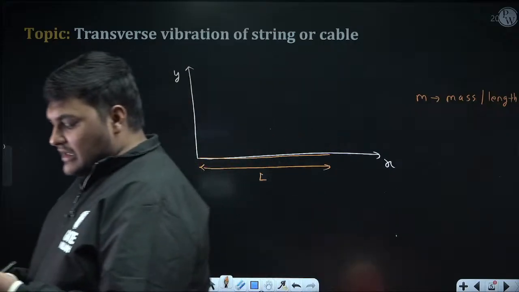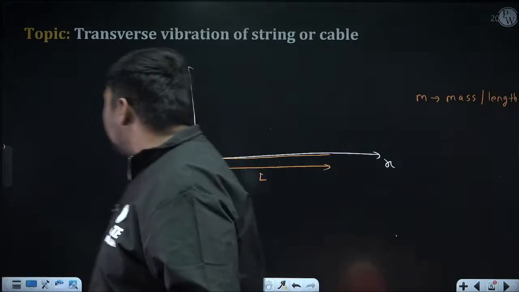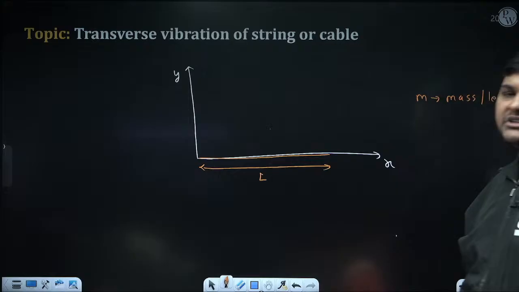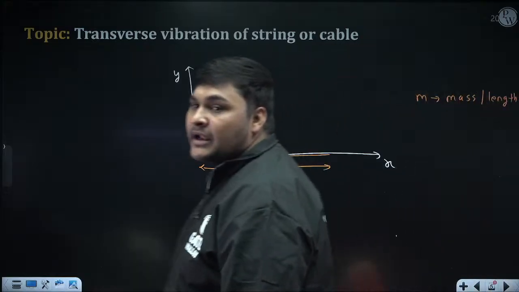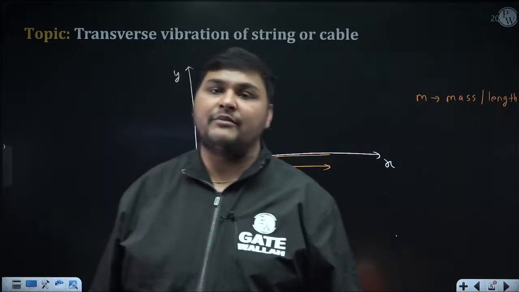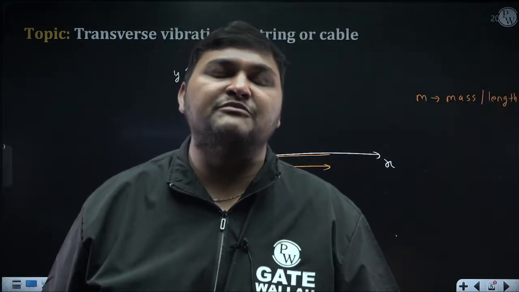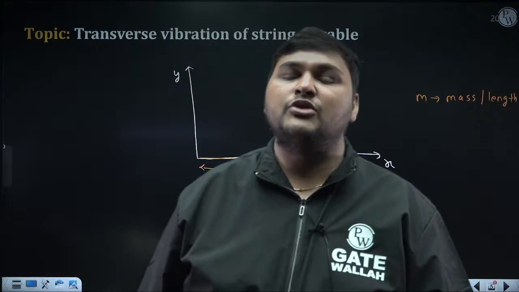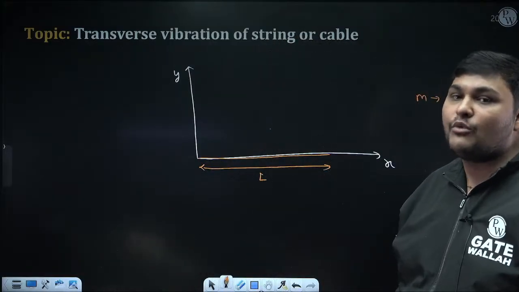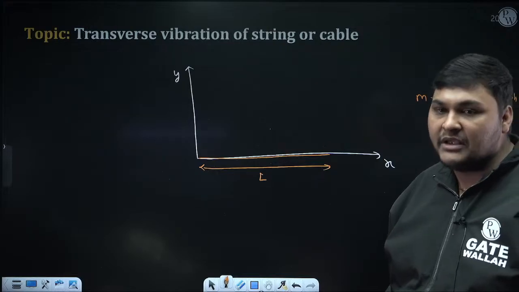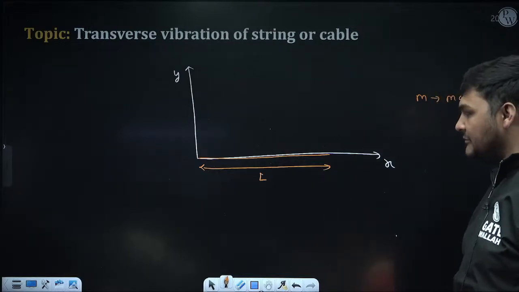Now if I disturb this string from its mean position and then release it, it will vibrate. But what will be the frequency of that vibration? That will depend upon the initial displacement which we provide, and based on that it will have some frequency, because infinite frequencies are possible. Why, sir? Because it has infinite degrees of freedom. How will I explain?